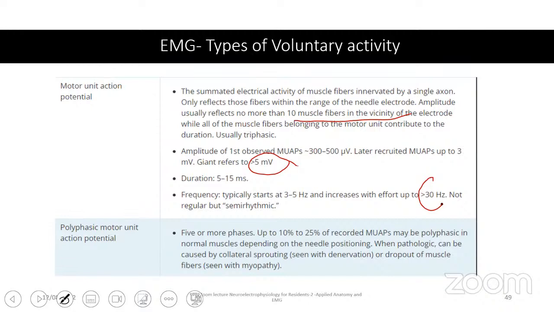Polyphasic MUAPs have 5 or more phases, and up to 10 to 25% of recorded MUAPs may be polyphasic in normal muscles depending on the needle positioning. When pathological, it can be caused by collateral sprouting seen with denervation, or dropout of muscle fibers seen with myopathy.